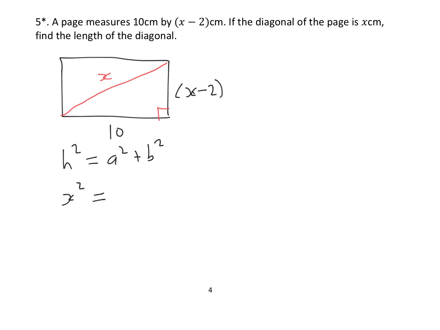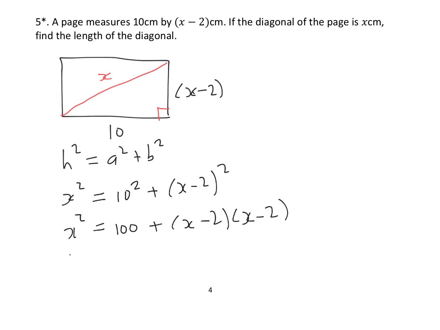That equals 10 squared, one of the short sides, and x minus 2 squared, the other short side. That's x squared equals 100 plus x minus 2 squared, which means multiplying x minus 2 by itself. If you expand out that bracket, you get x squared minus 2x minus 2x plus 4.